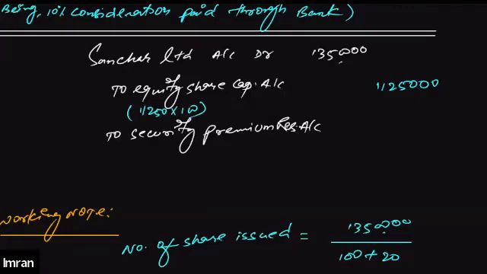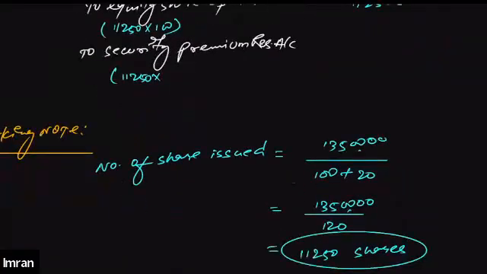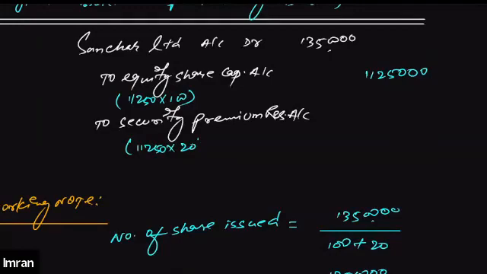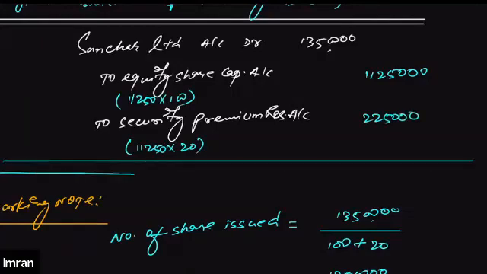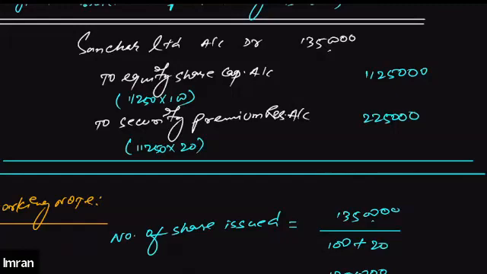And 11,250 into 20 will be 2,25,000. This is how the settlement of the consideration will be made. Sanchar Limited account debit 13,50,000 to equity share capital 11,25,000 and 2,25,000 for the securities premium reserve.